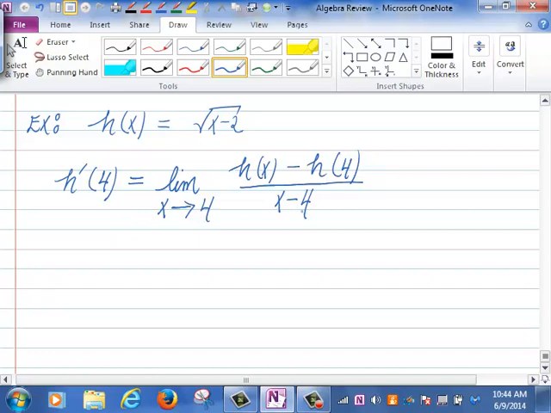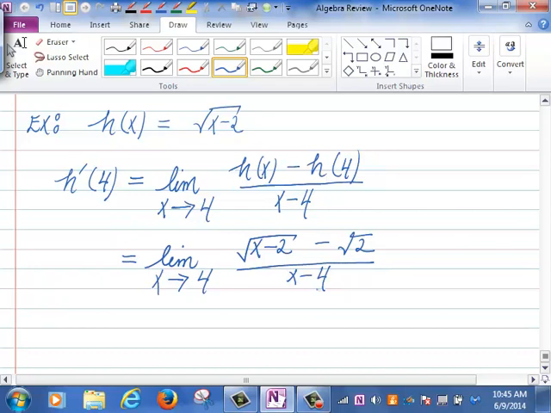The limit as x goes to 4 of h of x minus h of 4 over x minus 4. And then we plug in the values of the function in the numerator. h of x is the root of x minus 2. What is h of 4? What's that? Root of 2, divided by x minus 4.